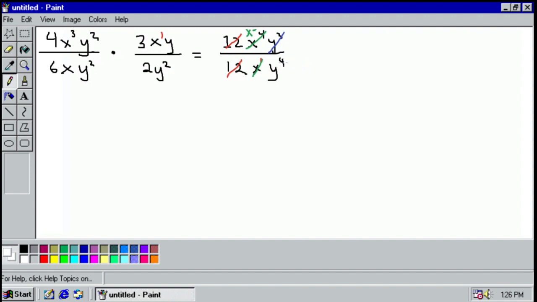Then 4 minus 3 is y raised to 1, or we can just not put 1 there. Now what's left on the top part is x cubed, so we're gonna have x cubed on the numerator and y on the bottom part. So this is your final answer.